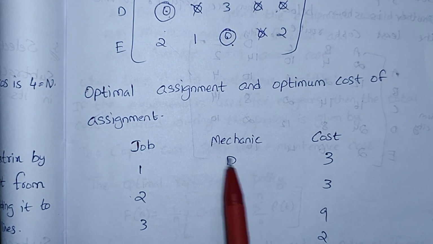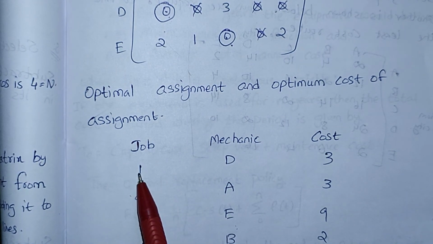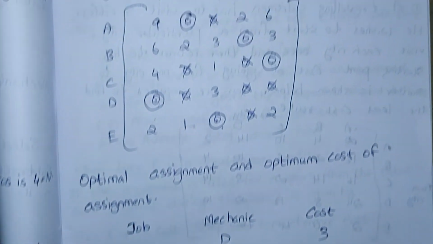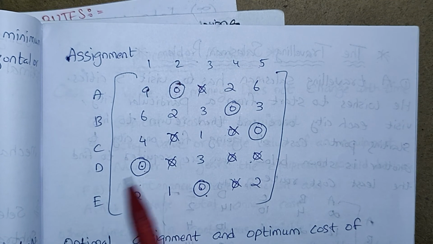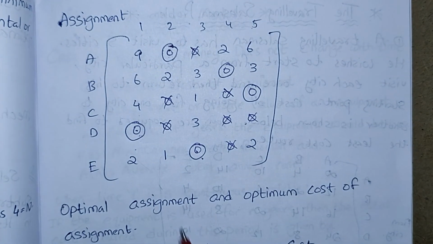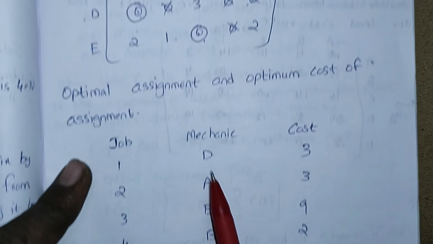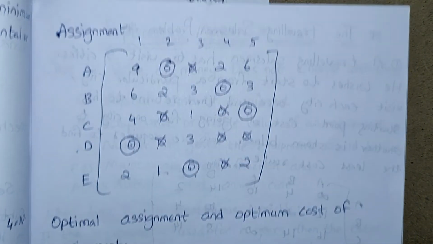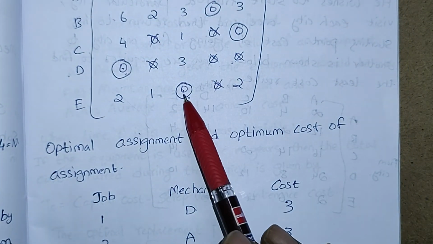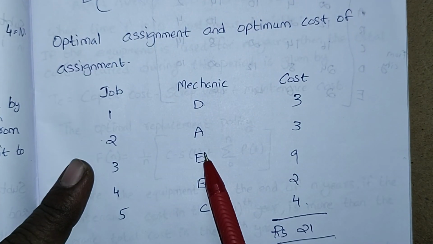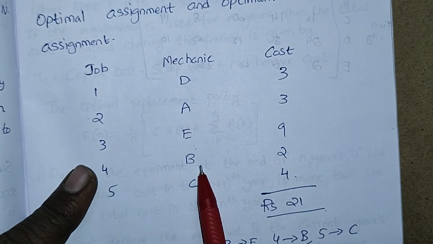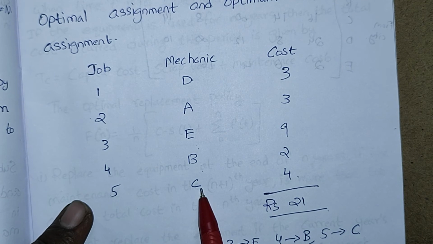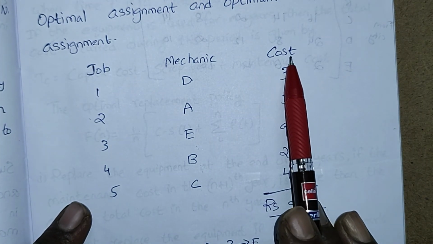From that, for job 1 it is D, so we are writing D. For job 2, A, we are writing A, and for job 3 we are writing E. For job 4 it is B, and for job 5 it is C. Then the corresponding cost from the problem.